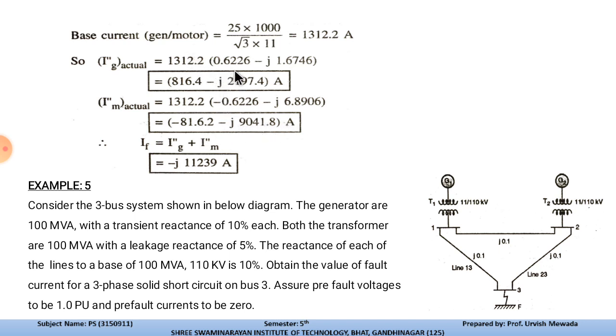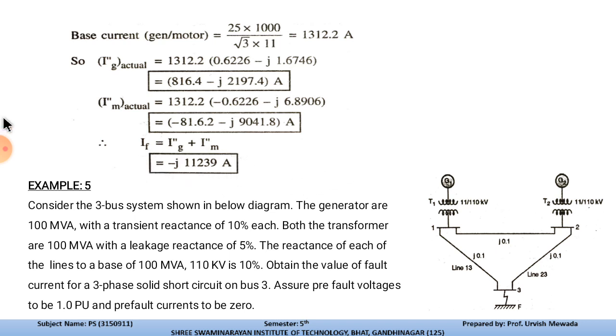When we add these two terms, IG double dash actual and IM double dash actual, we have the actual fault current IF, equal to minus j11,239 ampere. This is the current transferred to the system where the fault takes place, at the point where the motor is connected.